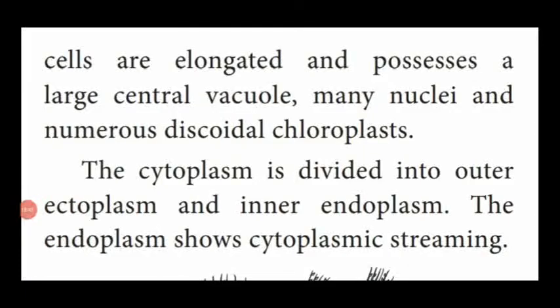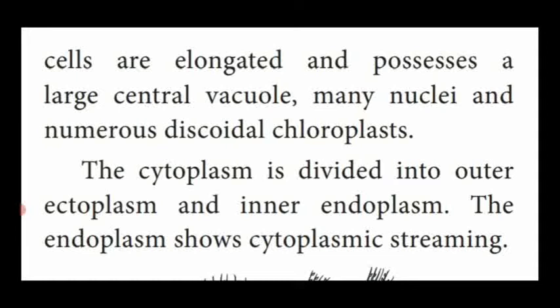The internodal cells are elongated and possess a large central vacuole, many nuclei, and numerous discoidal chloroplasts. So dear students, nodal cells are uninucleate, internodal cells are multinucleate, or many nuclei.